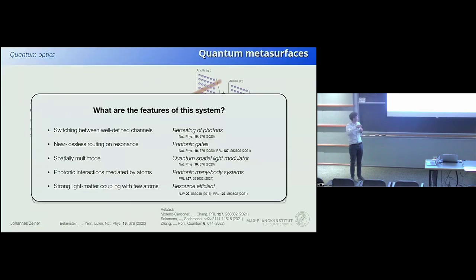And then there are a variety of applications that follow from that. What is also interesting is the multi-mode character that we have in the system. You can think of this array with multiple ancillas as controlling multiple modes of the light locally, spatially. I think this is a unique feature of this system. So very interesting perspectives if we can make this work.